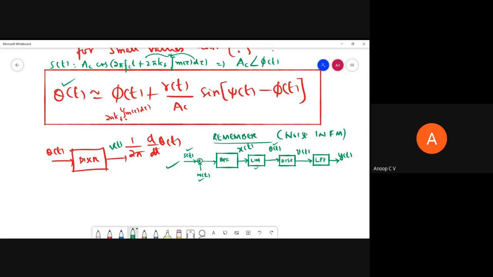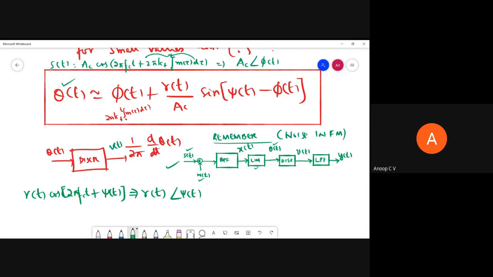Then we had the noise, which we represented as r of t cos(2 pi f_c t plus psi of t). This is equivalent to its phasor form, r of t angle psi of t.